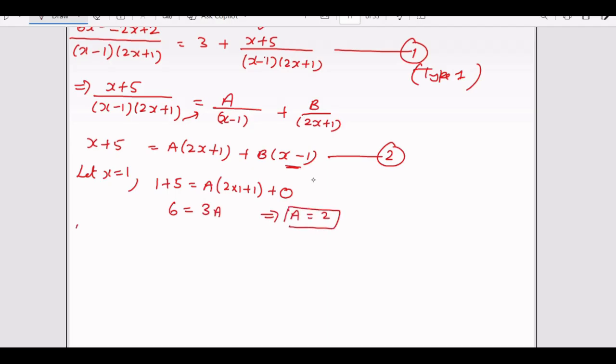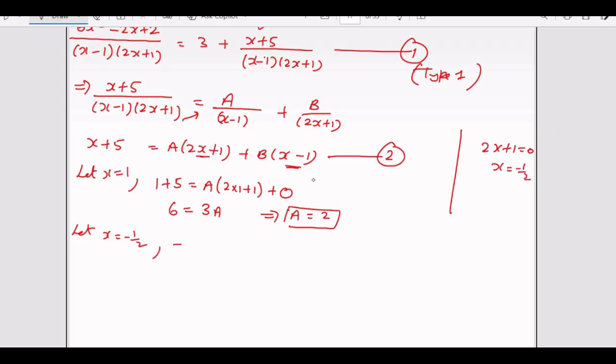Okay, now we find another value. Let's say x is negative 1 over 2. As I told you, you just substitute this. Like 2x plus 1, we want to make this 0, so then we have x equals negative 1 over 2.